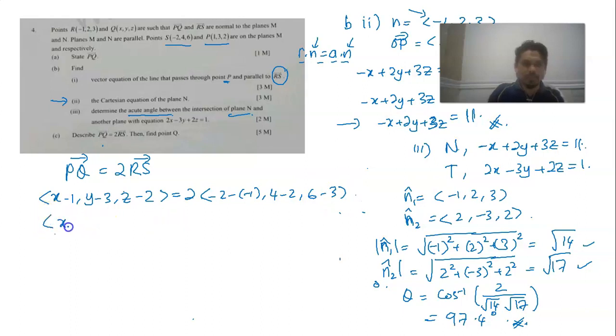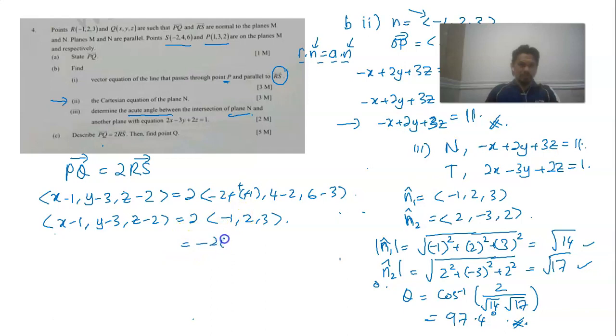So x minus 1, y minus 3, and z minus 2 equals 2 times (-2 plus 1, 4 minus 2, 6 minus 3), which is -2i plus 4j plus 6k.